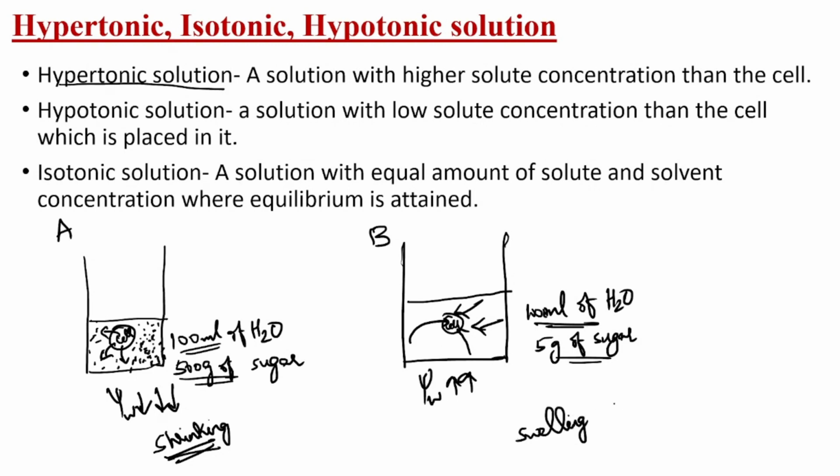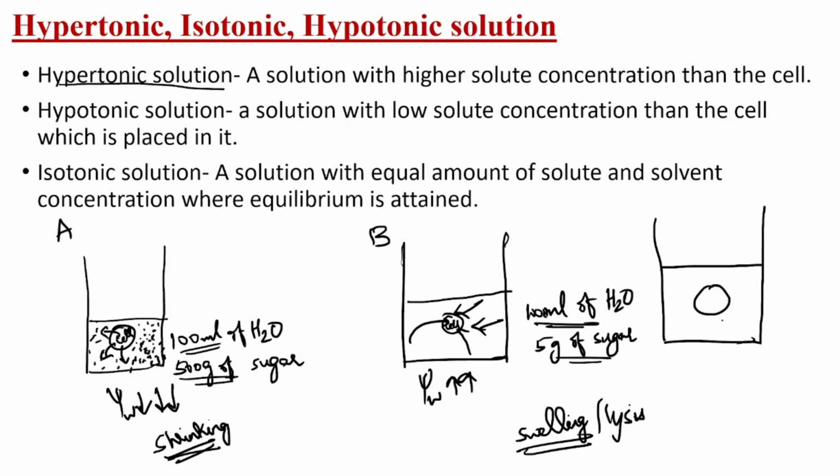If it is an animal cell, it can result in lysis, that means the cell can break, or it can result in swelling. I'll tell you why in animal cells it can break, and in plant cells why it results in swelling. Now consider a case where the water potential of the cell is equal to the water potential in the beaker. Then there will be no net movement. What do I mean by saying no net movement?